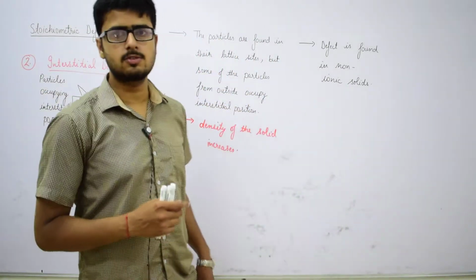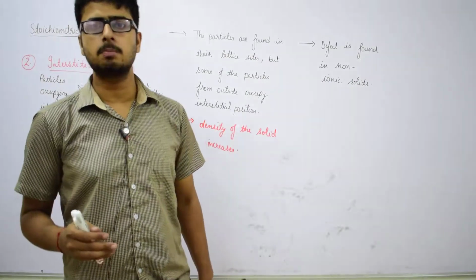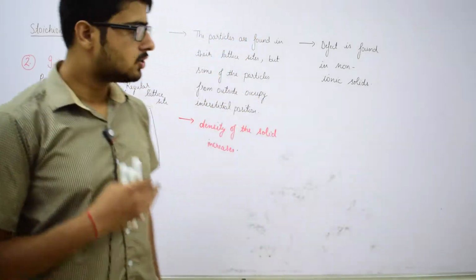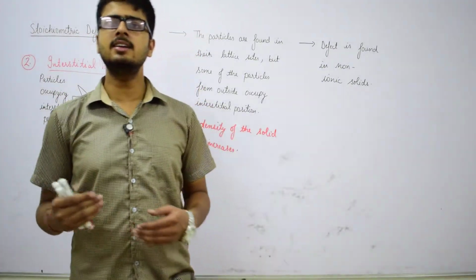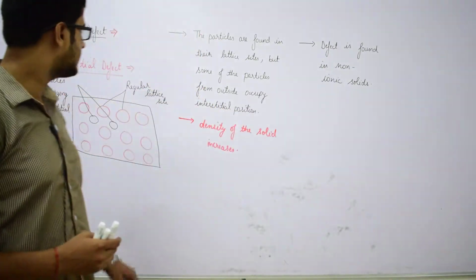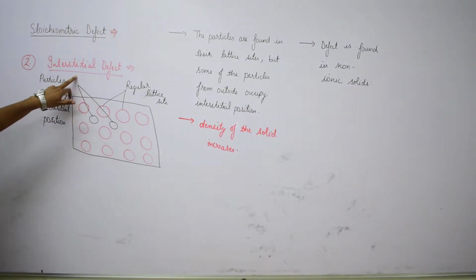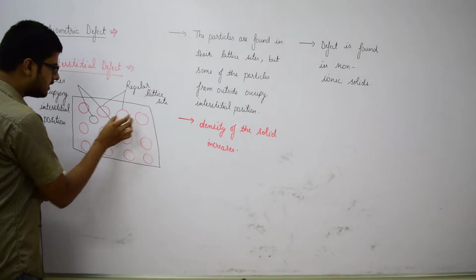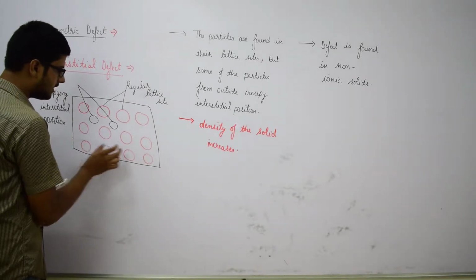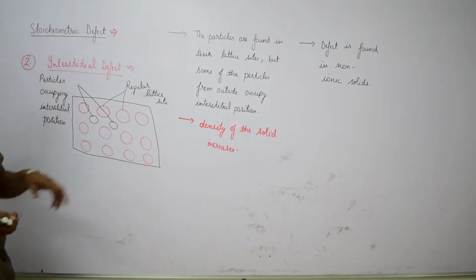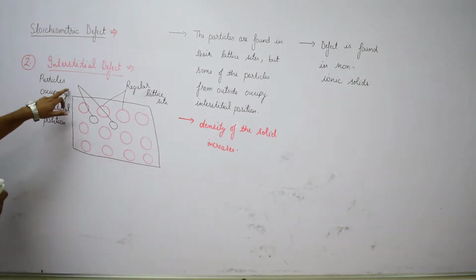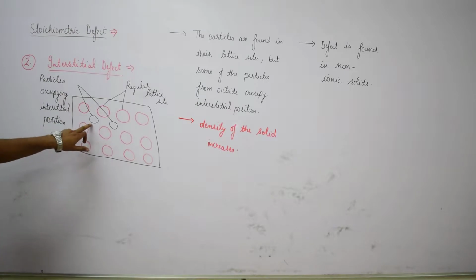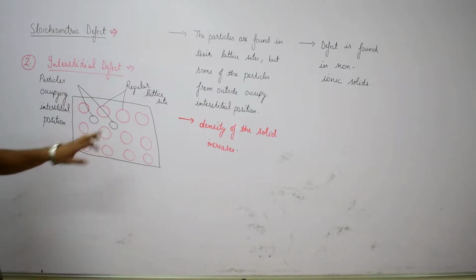The first type of stoichiometric defect, vacancy defect, we have already discussed. The second type is interstitial defect. In this type, the particles are found in their regular lattice positions, but some of the particles from outside acquire the interstitial positions.